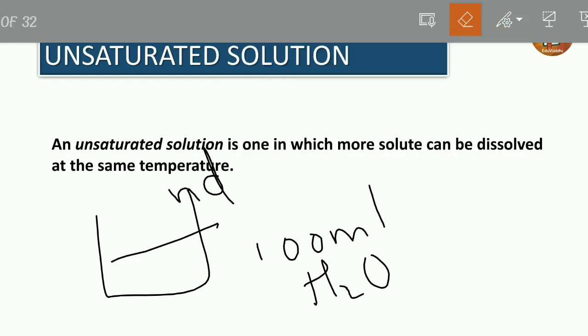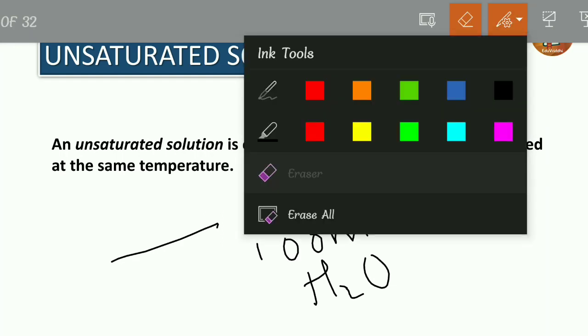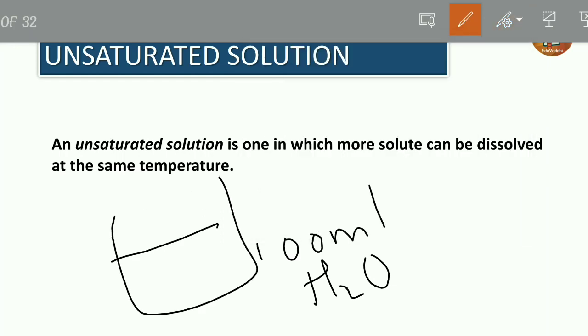Let me take, I'm going to add the first spoon of salt into this solvent. So now that first spoon of salt or solid, it will dissolve in this liquid or solvent. Now further there is the possibility of adding a second spoon of salt and that getting dissolved in this solvent. So that's called an unsaturated solution.